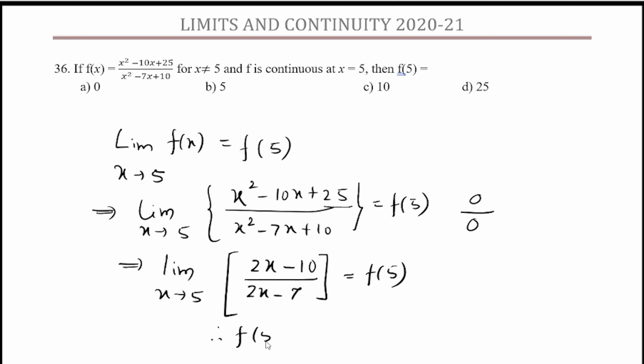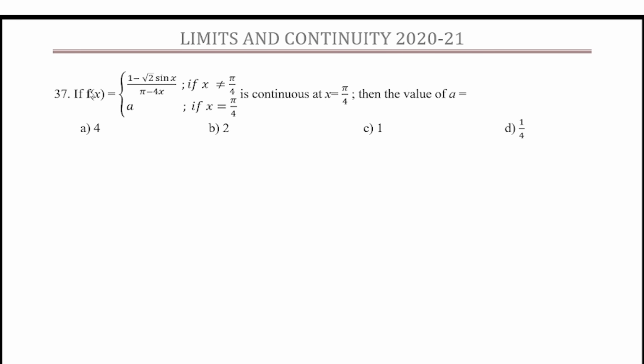Therefore, put x equal to 5. So f of 5 is equal to 2 into 5, 10, minus 10, divided by 2 into 5, 10, minus 7, that is 0 by 3, and 0 by 3 is nothing but 0. So f of 5 value is 0. Option A is the right option.